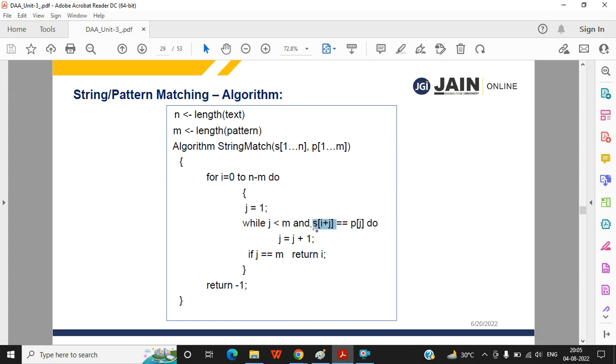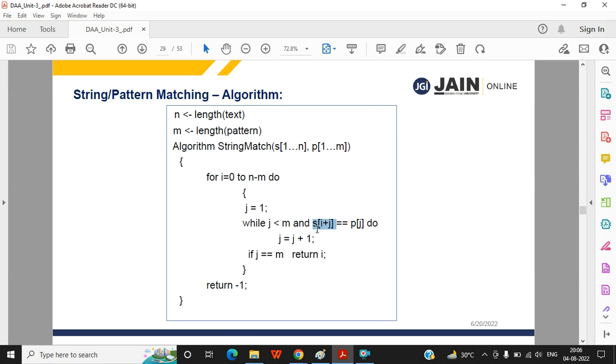This is S, the main string. So the i plus jth character of the main string, if it is equal to the jth character, initially the first character of the pattern string.